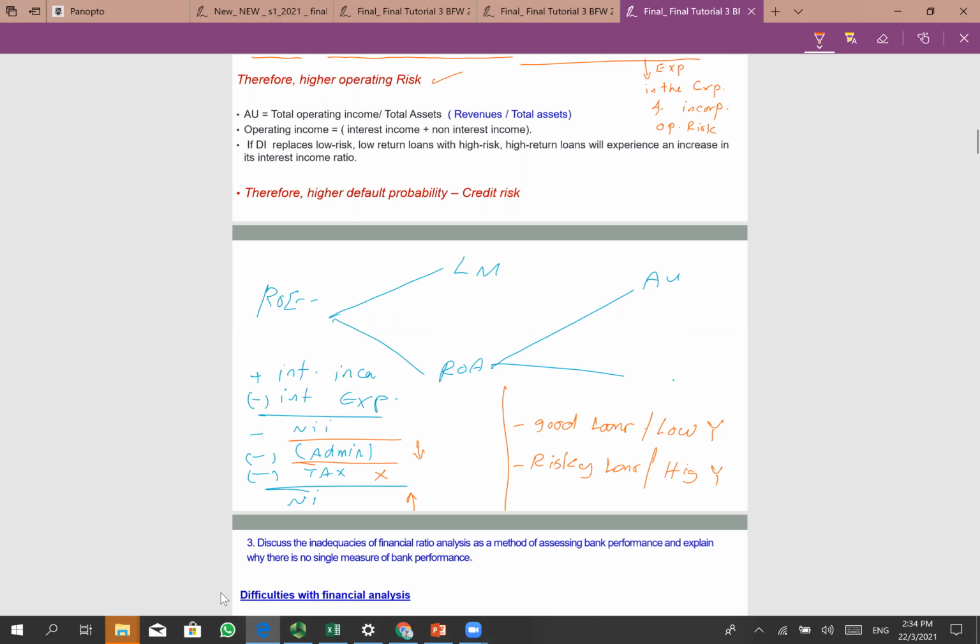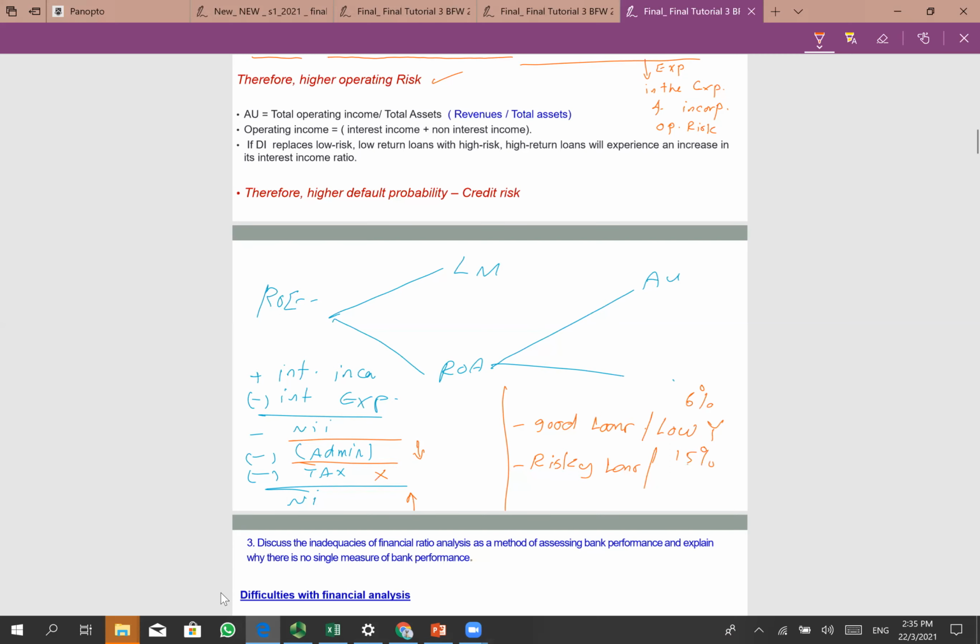So good loans I used to take 6%. Now I'm going to loans to companies that are very, very risky, leveraged companies, called leveraged loans, which means they are already in problems. They are willing to pay, and you can take 15%.